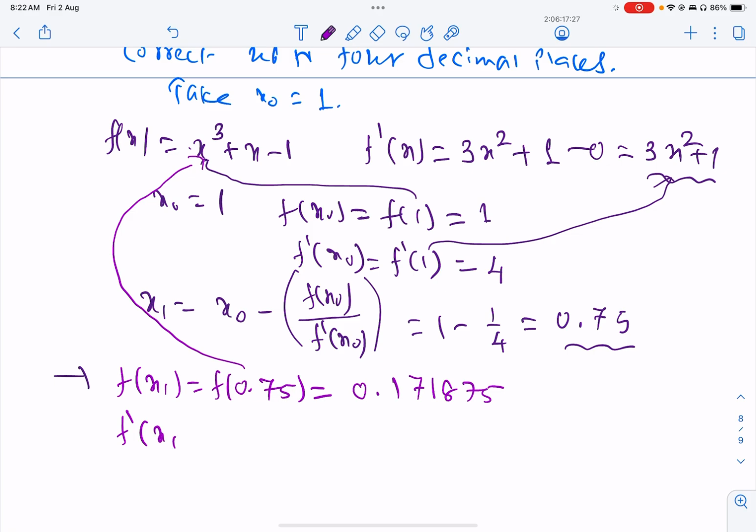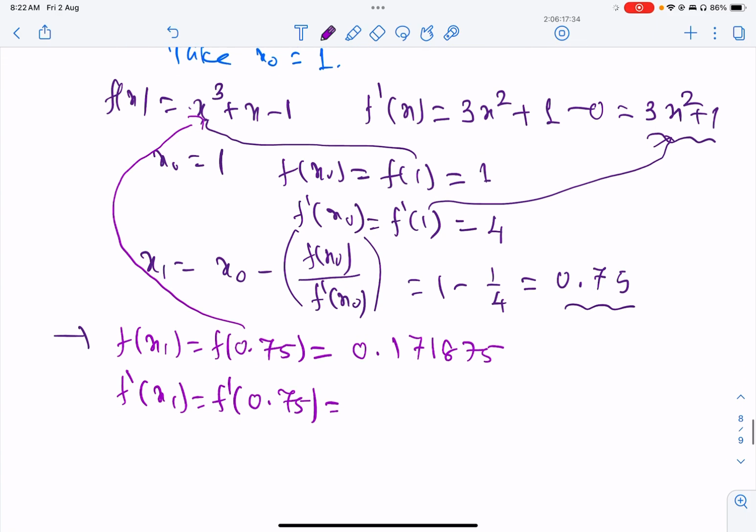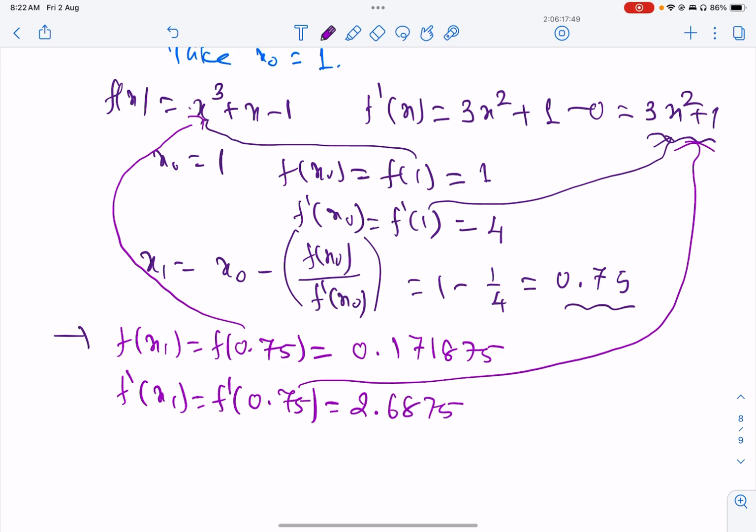Same way we need f dash x1, that is f dash 0.75, so you keep 0.75 here, 3 into 0.75 square plus 1, and you will get 2.6875.